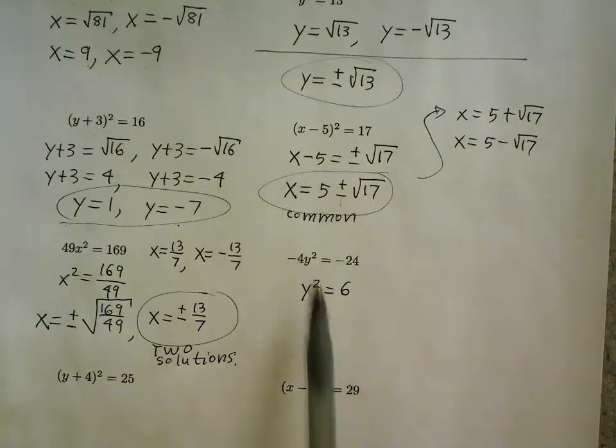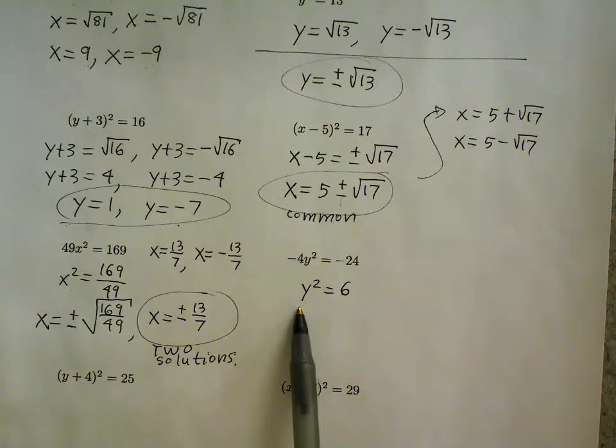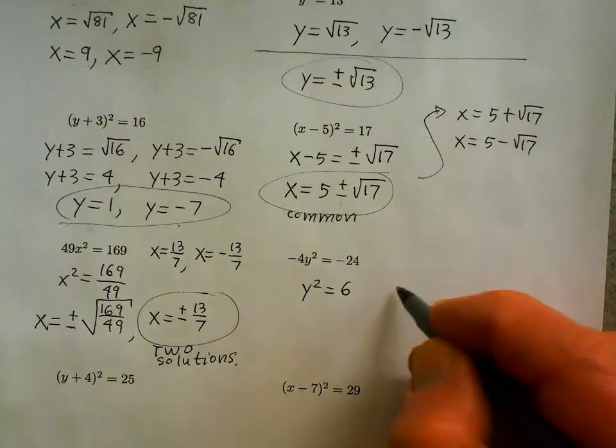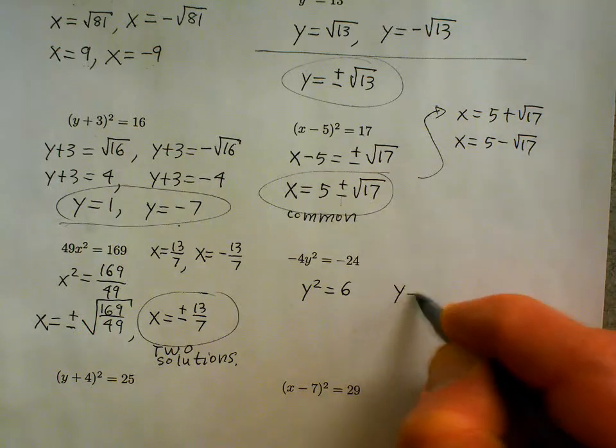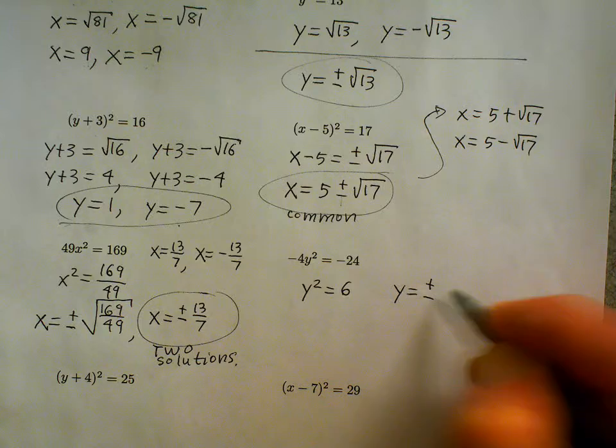This equation is in the variable y, so our solutions have to be in the variable y. So if y squared equals 6, we can write y equals positive and negative square root of 6.